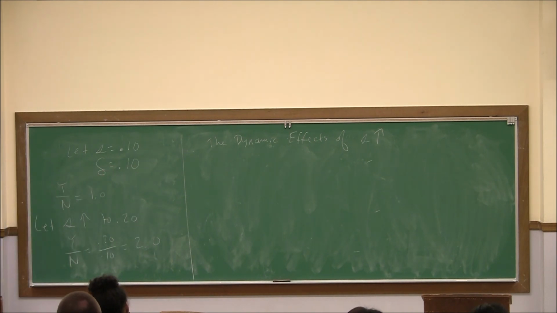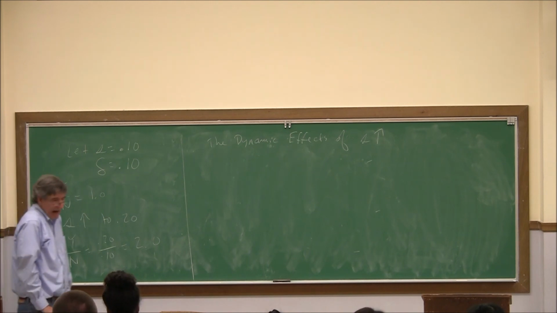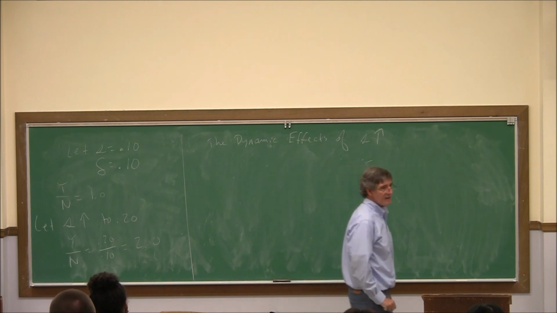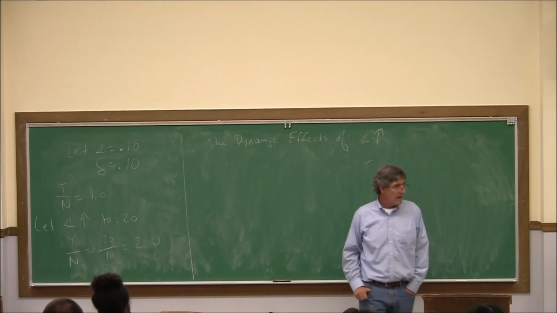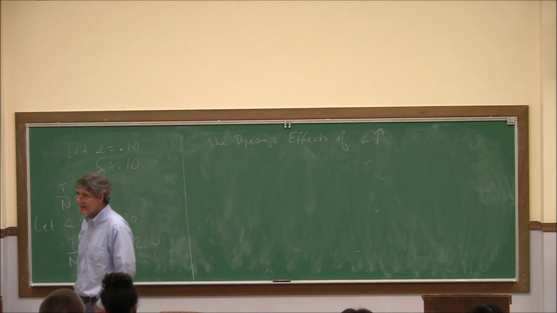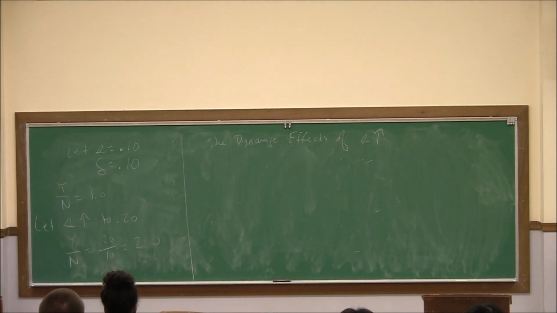If we put these in some sort of time unit, we can get a sense of how long it would take and how big the effect is. We already know how big the effect is, it doubles. Now we're going to see that after 10 years, you only get a 40% increase in the standard of living. After 20 years, you get a bit more, so it's going to take a long time. That's the point we're going to try to make with the numbers. Then we'll have a graph at the end.